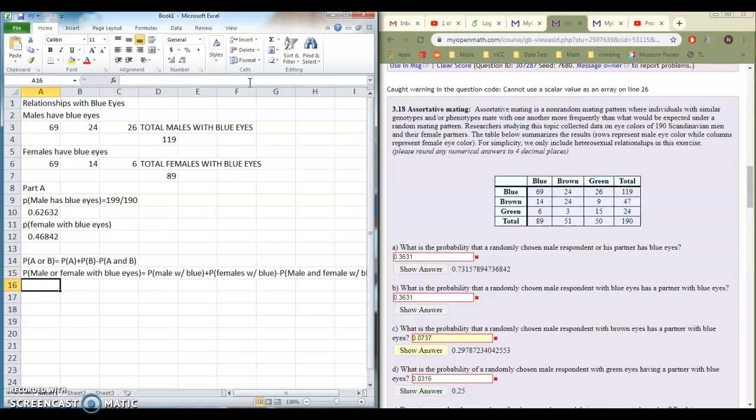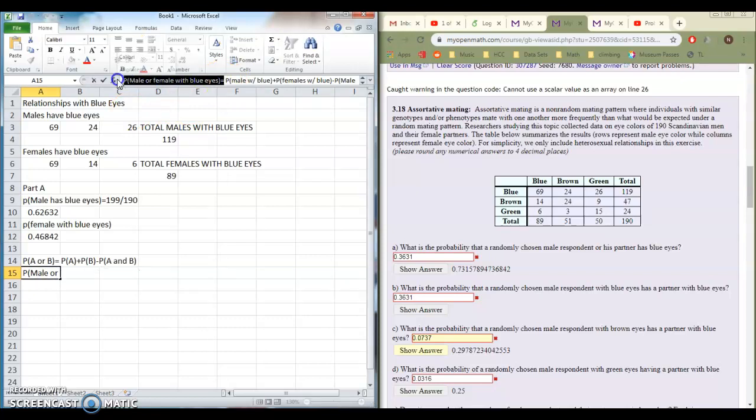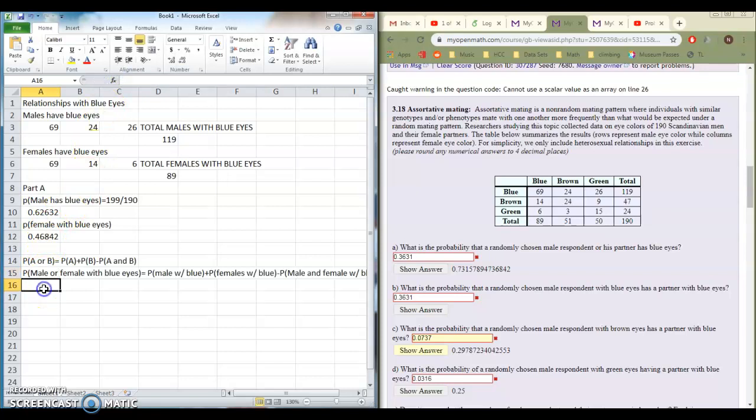Whew. Alright, so let's compute that. The probability of the males with blue is this one, plus the probability of female with blue is that one, minus the place where they overlap.